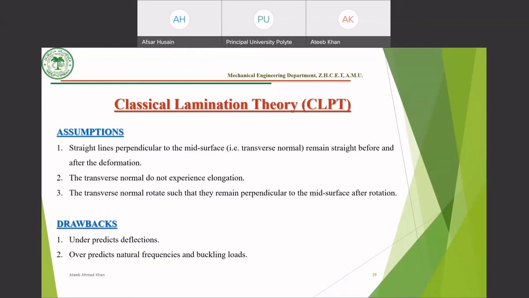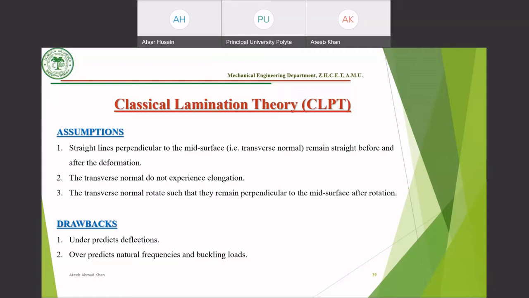The second assumption says that the transverse normal does not experience any elongation. So if you are applying the load in Z direction, there won't be any elongation of the transverse normal, which means that the strain in that direction will be equal to 0 because there isn't any elongation in that particular direction.